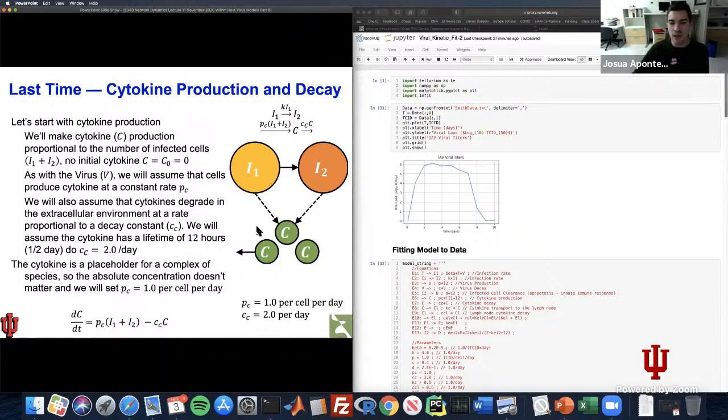we chose an unfortunate name for the signal because we just restricted it to the cytokine signal, which assumes that it's an actual molecule that is being secreted by the infected cells.